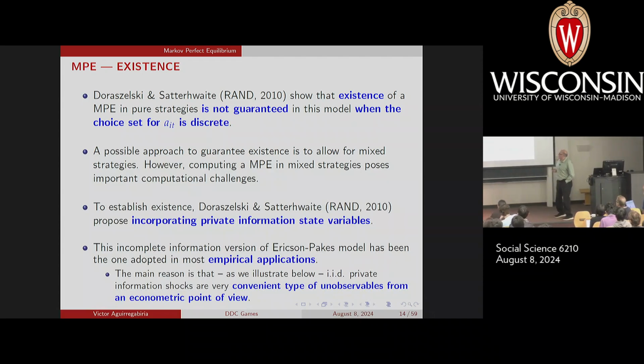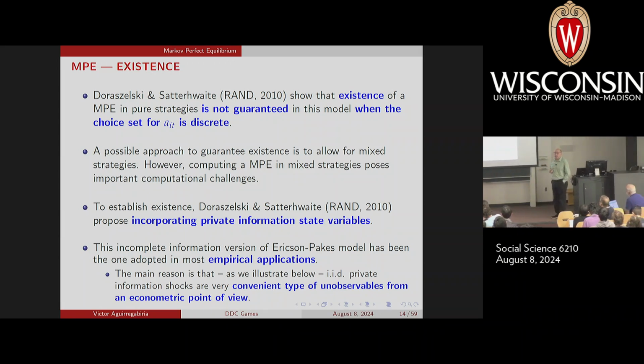Okay, equilibrium existence. Well, Doraszelski and Satterthwaite, in a paper in RAND 2010, showed with very simple examples that when the action space, the decision space, is discrete, it's not difficult to find examples where these models do not have an equilibrium, okay?